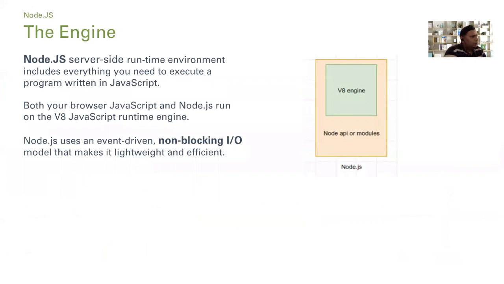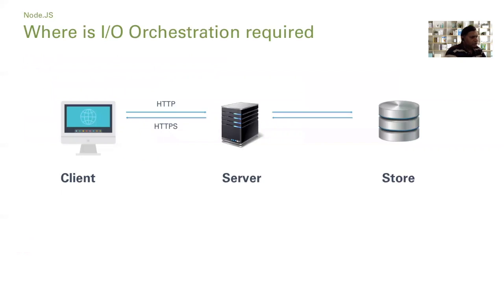Now, Node.js, as many of you may already know, gives you the ability to run JavaScript on a server-side engine. It is developed on Chrome's V8 engine and is extremely efficient for doing non-blocking I/O work. And what is non-blocking I/O? So typically, let's say there is a client which requests a resource from a server.